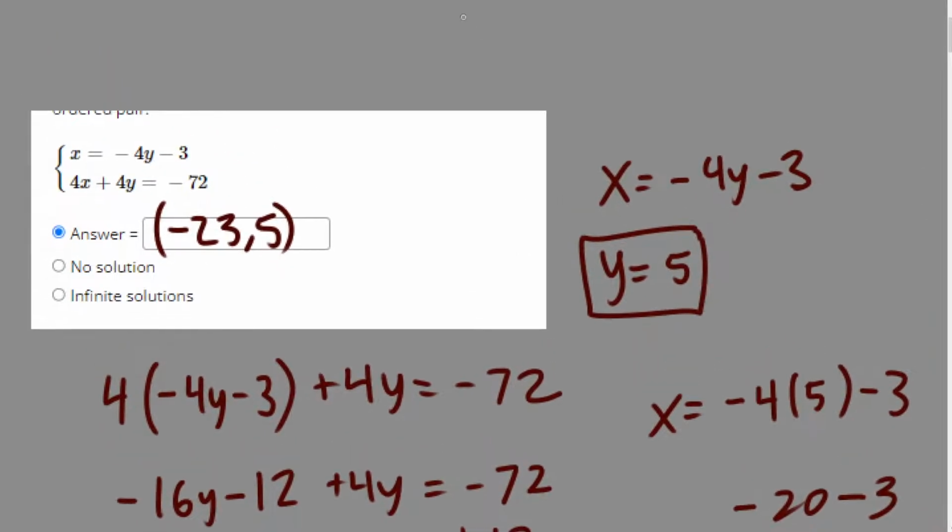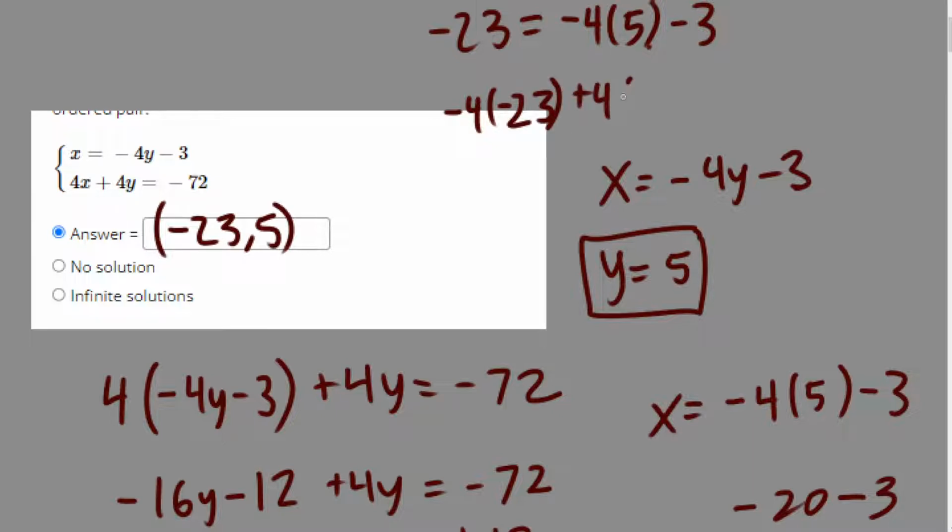And we can test this out. We can say, okay, negative 23 is equal to negative 4 times 5 minus 3, and that will give us negative 23. And we can say 4 times negative 23 plus 4 times 5 is equal to negative 72. Let me do that math really quick. Okay, it's really good to check your answer because I realized that I did something wrong.